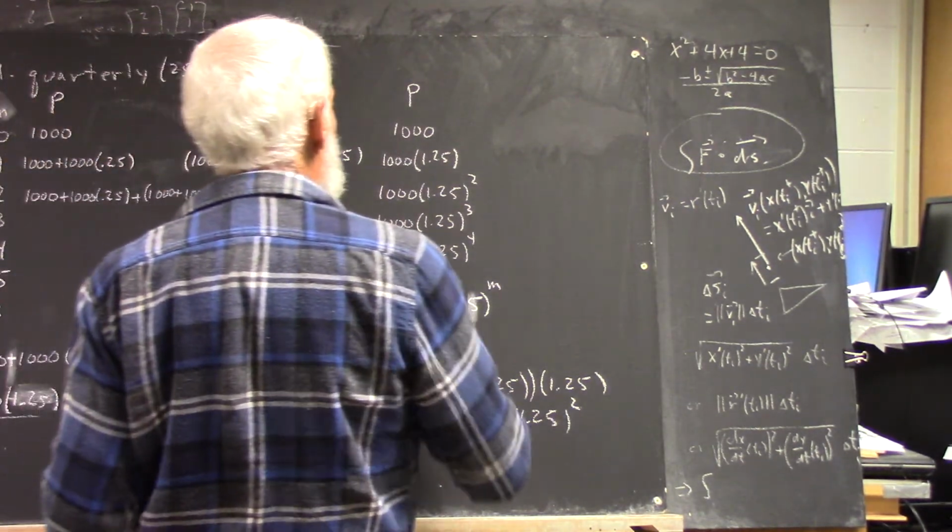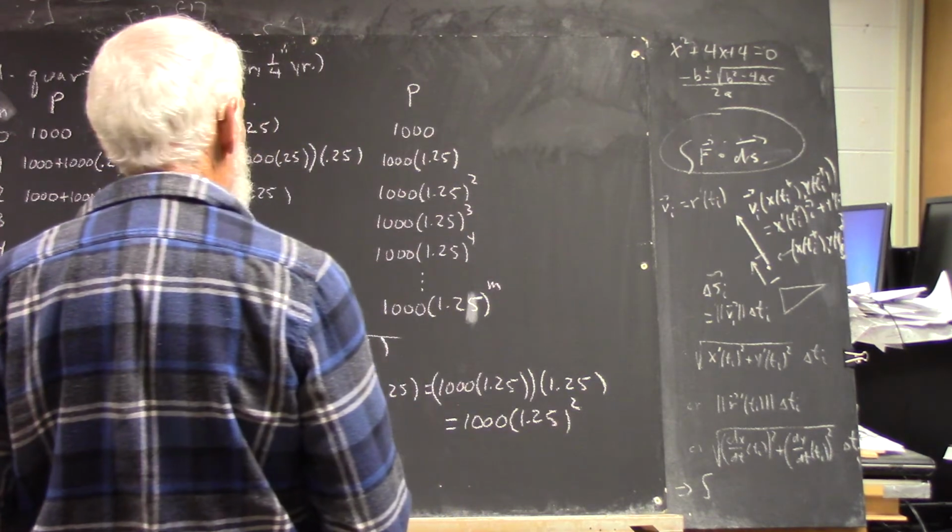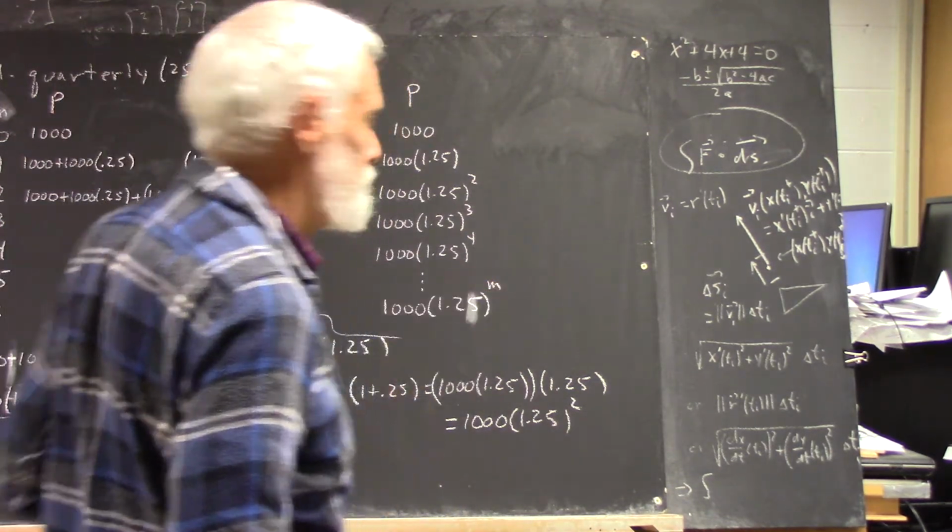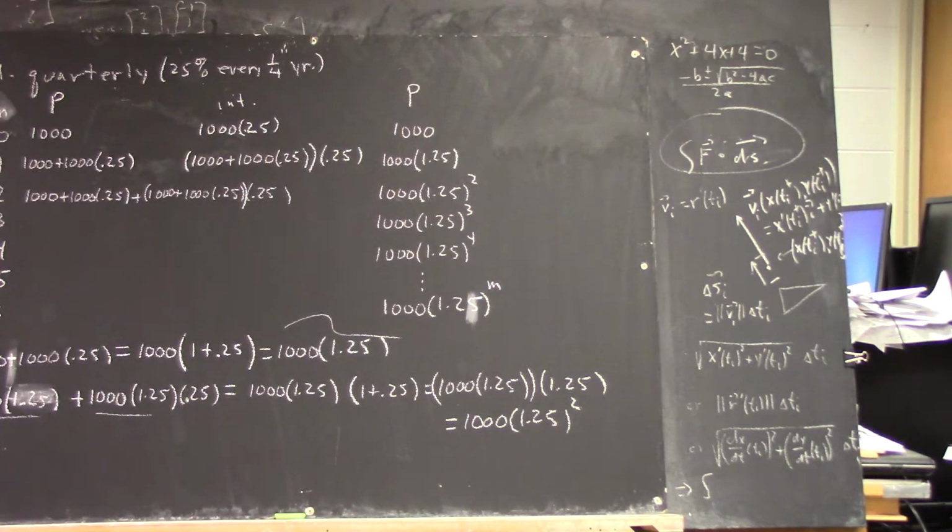But my big point is, what's m? How's m related to t? The amount of times you compounded. If I give you t, the amount of years, in other words, if t is 17 and a quarter years, what's m?